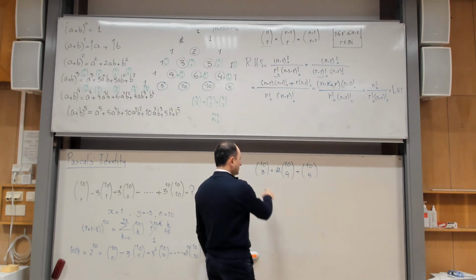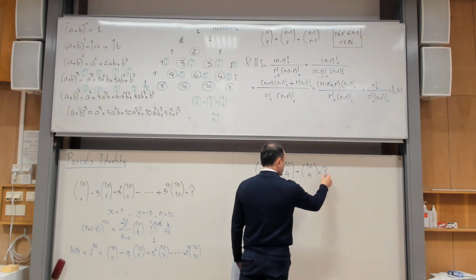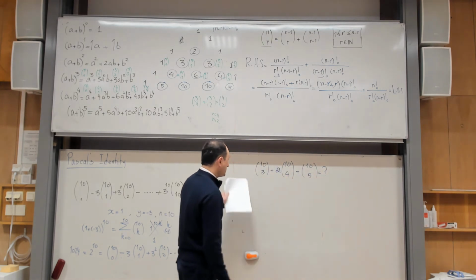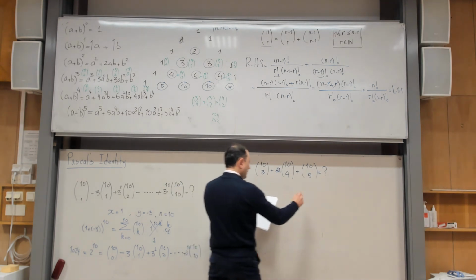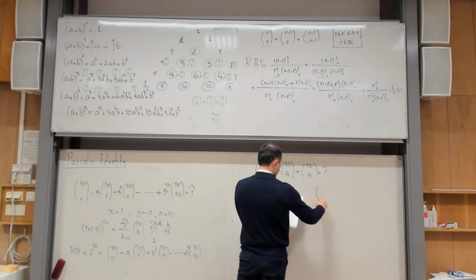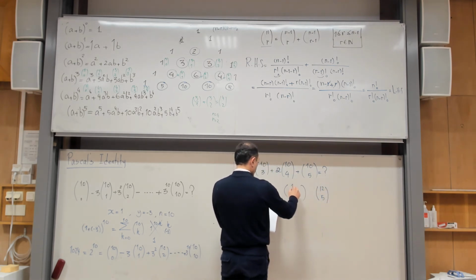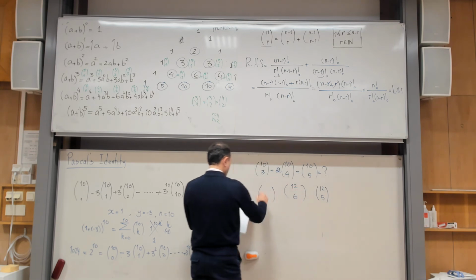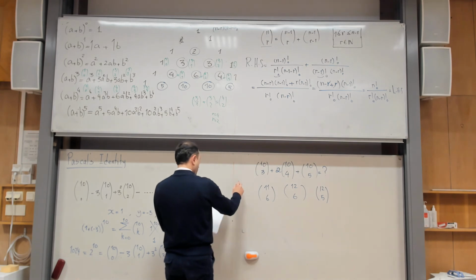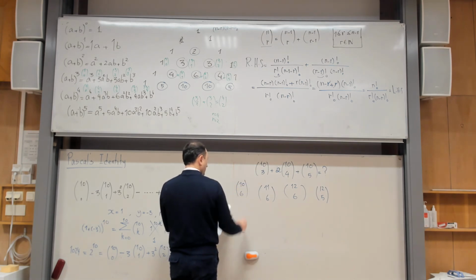I am asking you this one. I don't ask you the exact number. I ask you this one is equal to which one of these? 12 choose 5, 12 choose 6, 11 choose 6, 10 choose 6. That's my question.